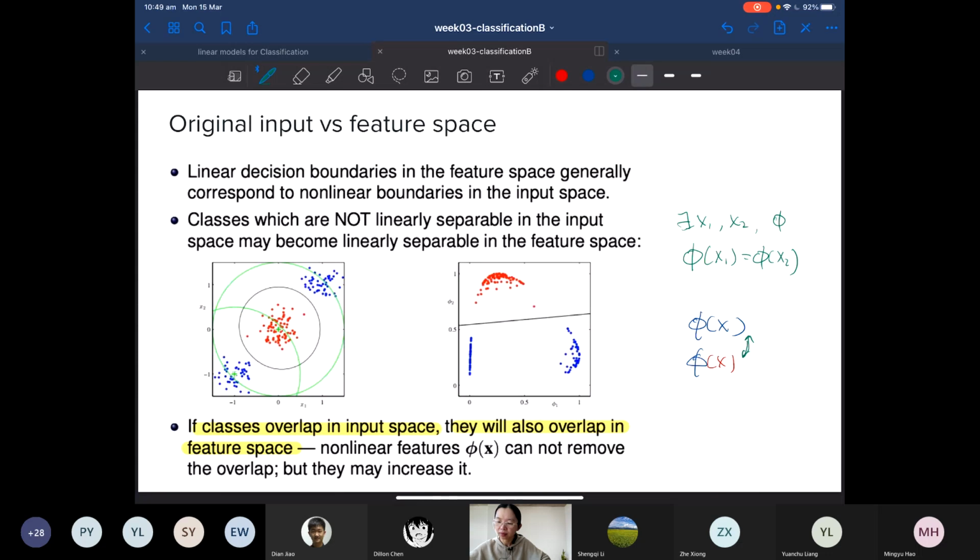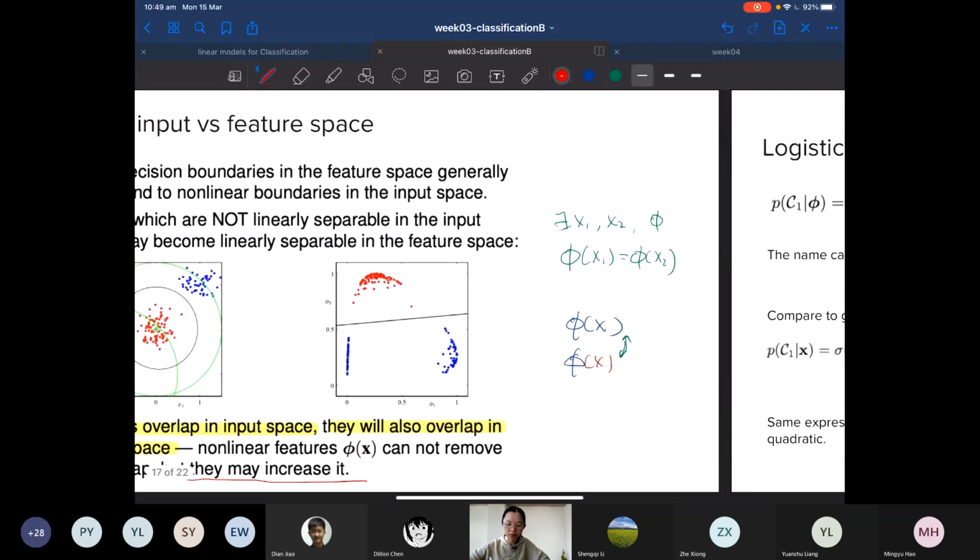For example, for Gaussian basis functions, if x is sufficiently far away from the origin, then the kernel values are kind of similar. So keep this in mind.